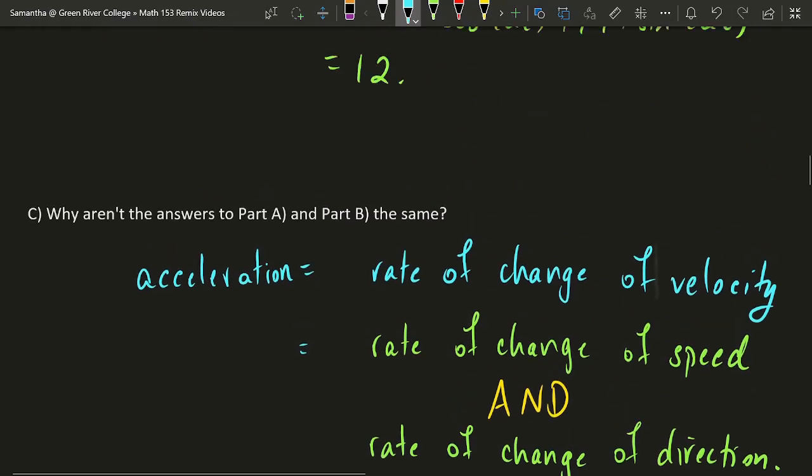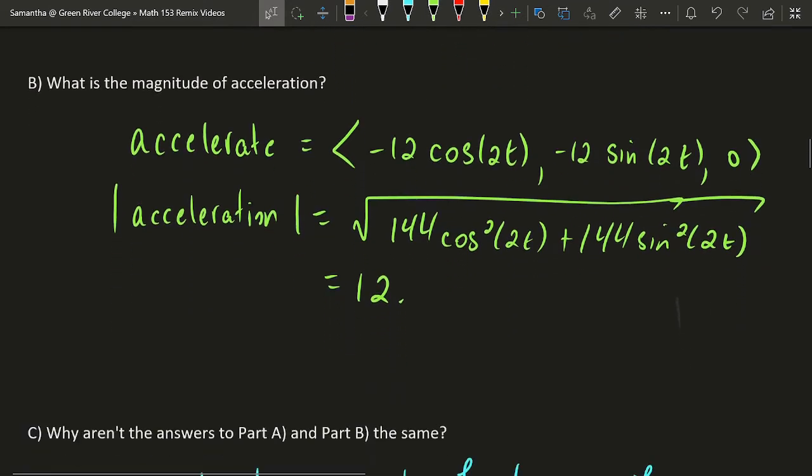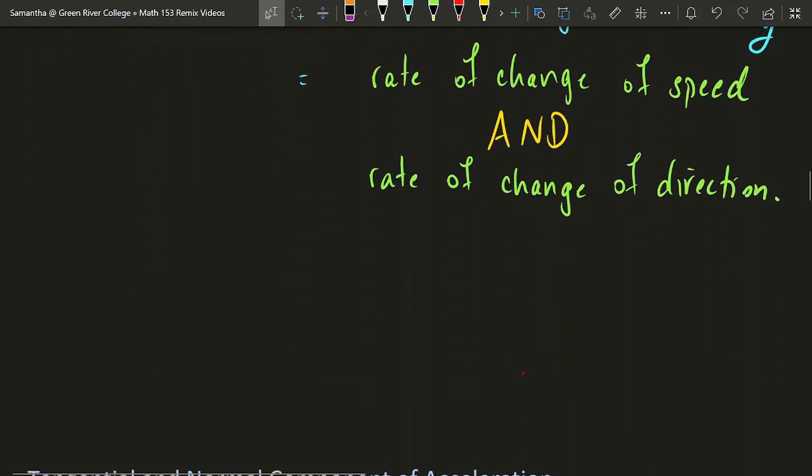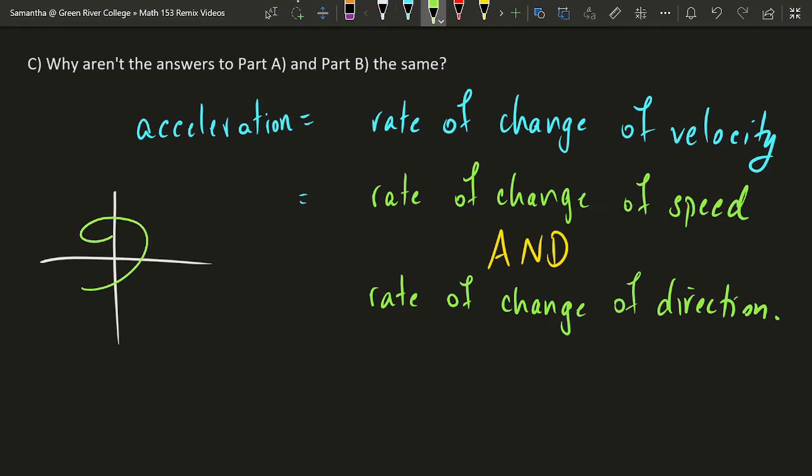And that's what's happening in the previous example. The object's speed is not changing at all. The object is moving at a constant speed throughout its entire journey. However, because the object is following a helix-shaped path, the object is turning at all times.